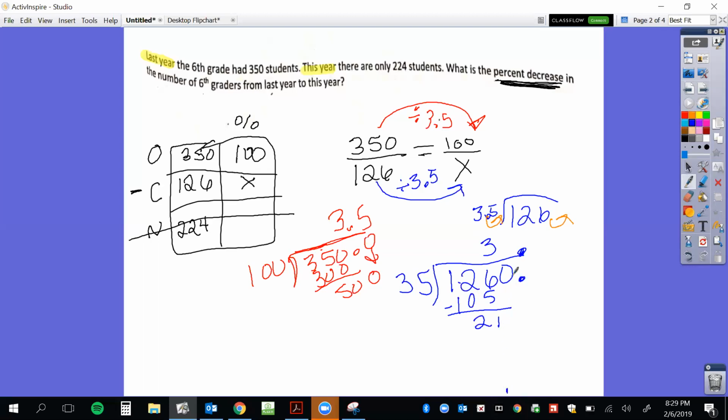And if I bring down my 0 here, 35 will now go into 210 6 times. And I get exactly 210. Therefore, my percent decrease is 36%.